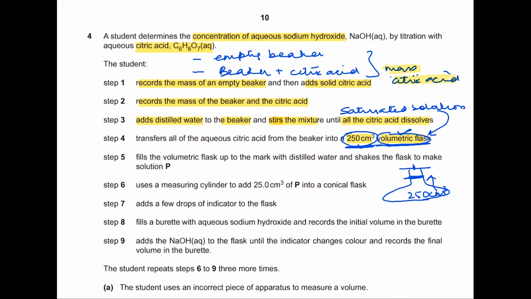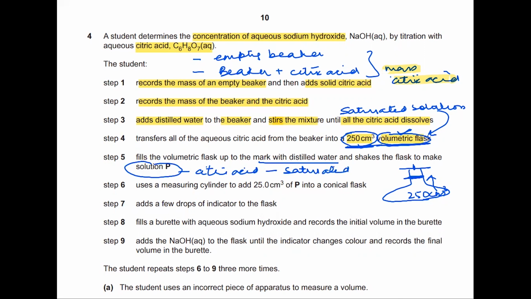Now coming to step 5, fill the volumetric flask up to the mark with distilled water. As I've already explained, shake the flask to make solution P. So here they are making solution P, which is basically my citric acid solution.